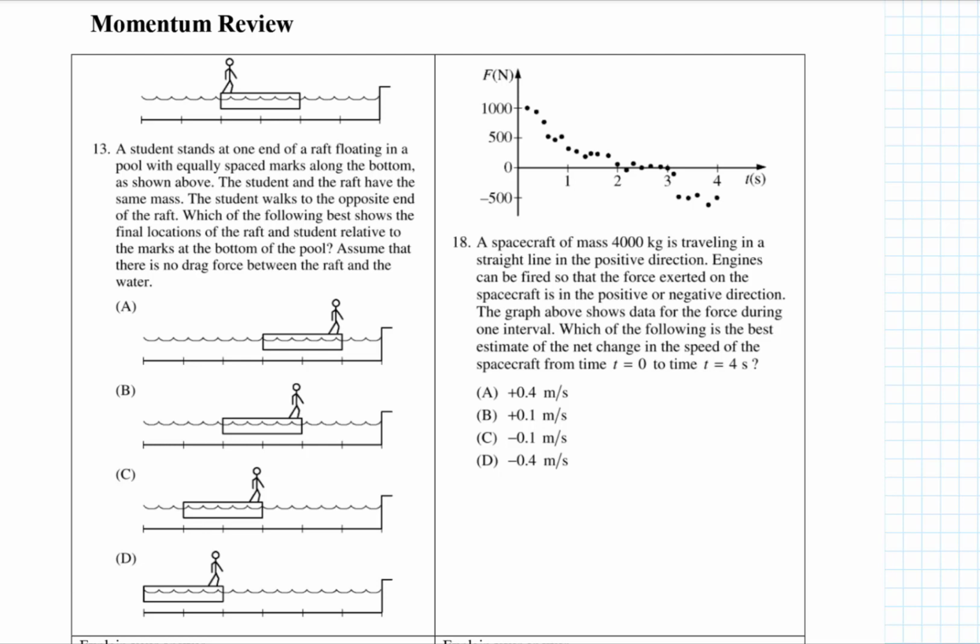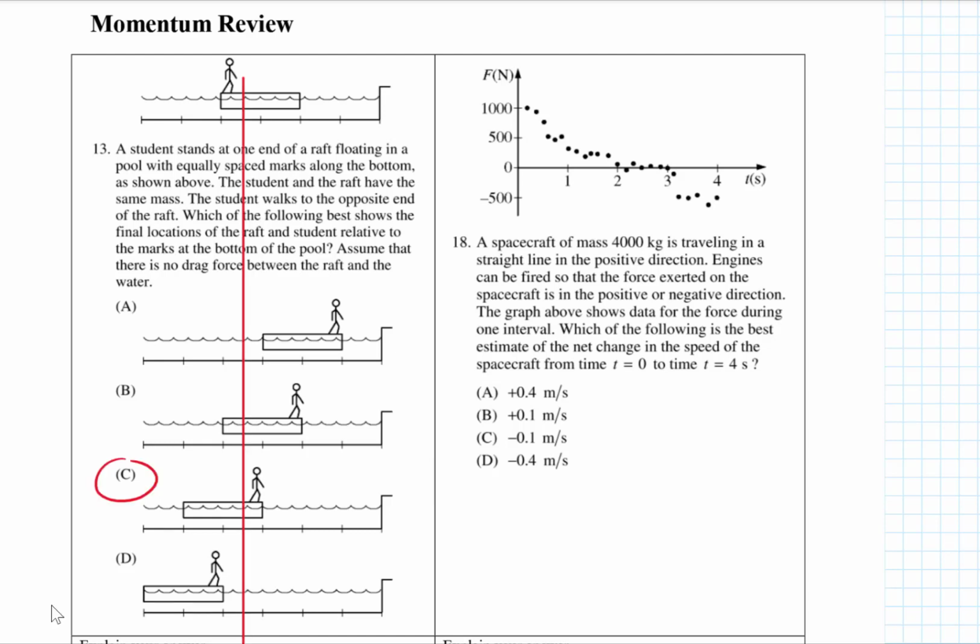So the boy's center of mass is wherever the student is, and the boat's center of mass is in the middle of the boat. The center of mass of the system is in between the two of them. So I'm going to draw a long line down through all of the answer choices where the center of mass of the system is. So there's my long line.